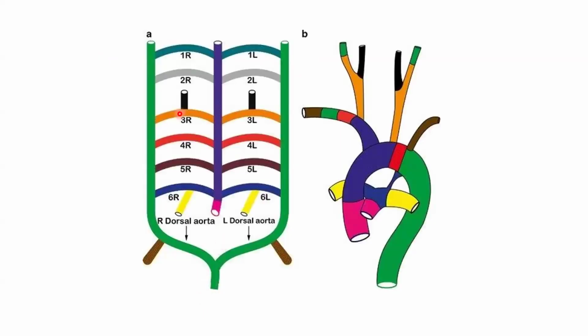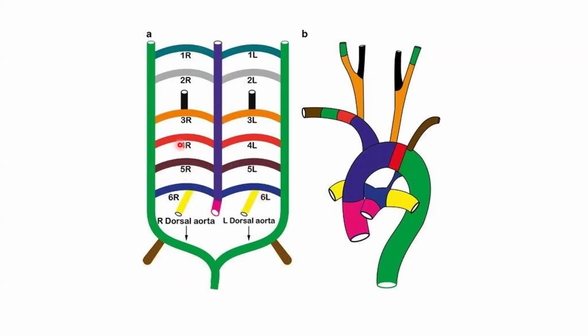So classically, this is how I'm sure you probably would have seen this online somewhere. I love this picture so well because when I was confused, it helped me out a lot in the past during my training years. Okay, so this is how the pharyngeal arches are.